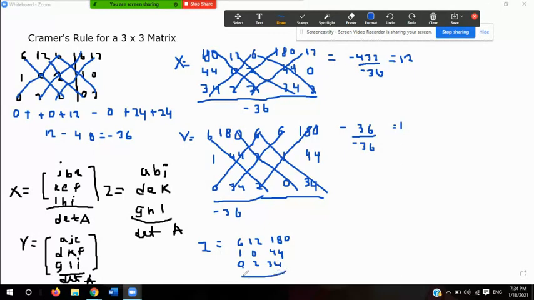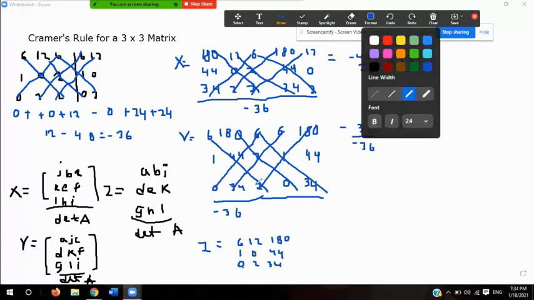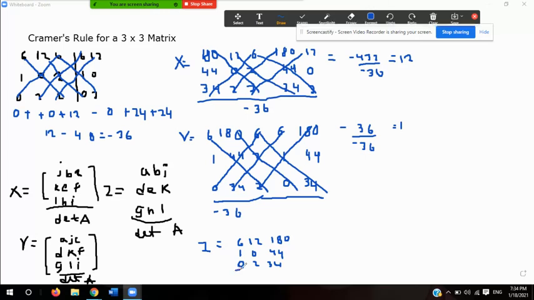Over negative 36. And of course, we find the determinant. We say 6 and 12, 1 and 0, 0 and 2.